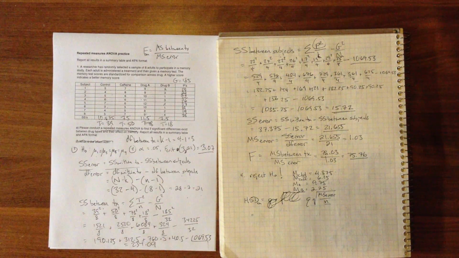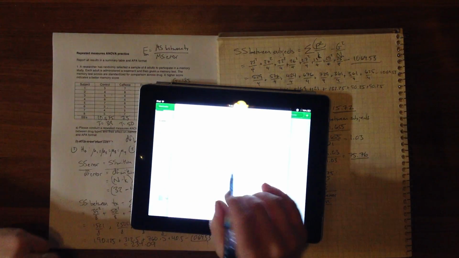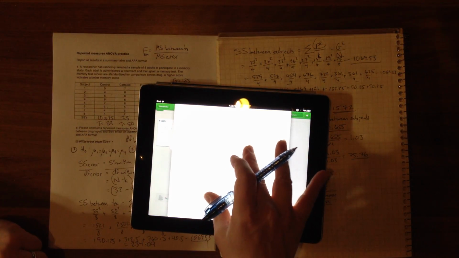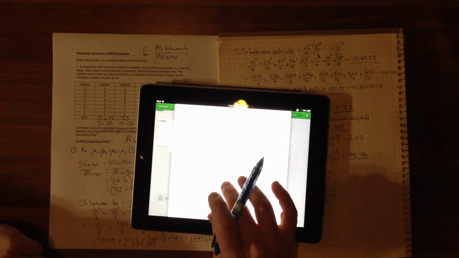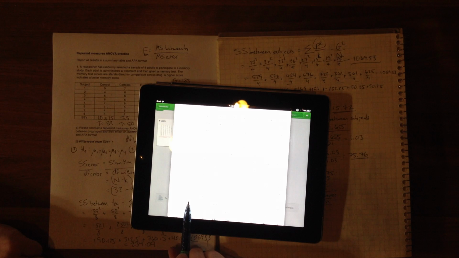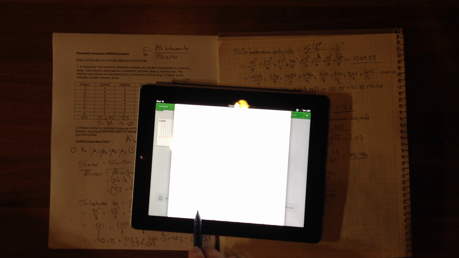So Q. To find out the value for Q, we need to go to the Q table. I happen to have one handy, and Q requires that you look up the number of treatments that you have, not the degrees of freedom in the numerator. We have 4 different treatments, and then we go down to degrees of freedom in the error term. Now it skips here in our table from 2 to 24.